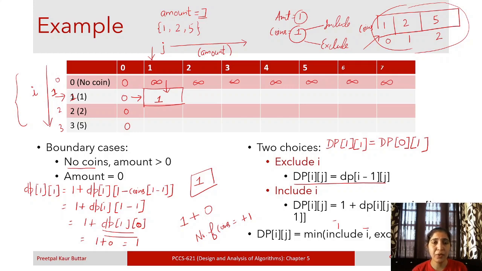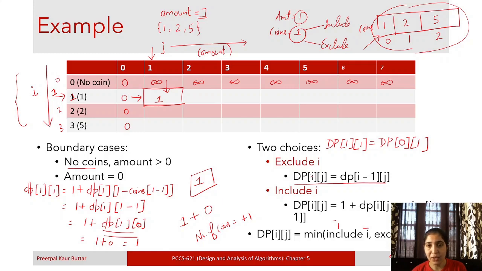So here what are we trying to make? We are trying to make an amount equal to 2 and the coins which we are using here is the 1 rupee coin. In this row, we are using only 1 rupee coins. The amount you are trying to make is 2. Again you have two choices, include the 1 rupee coin or exclude it.